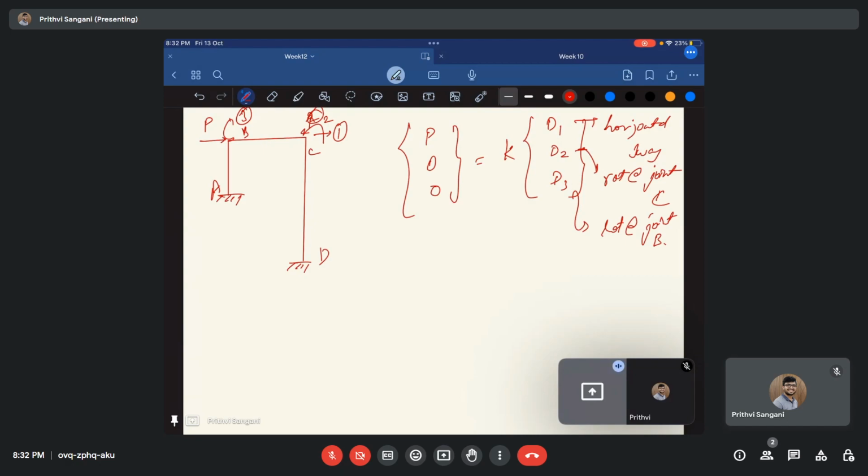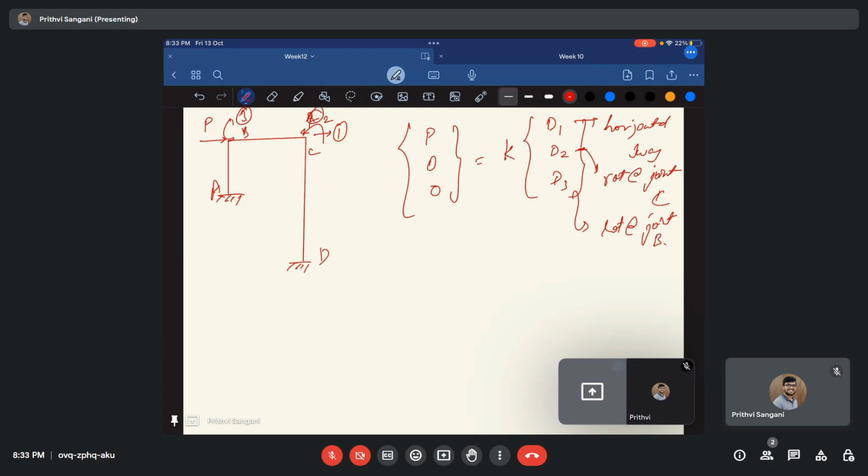Fine. So that is what I want to cover for this session. Once again, a quick recap. We tried to formulate the stiffness matrix for a beam member, and compute the different elements in the stiffness matrix. The size of the stiffness matrix is the degree of freedom, the kinematic indeterminacy.